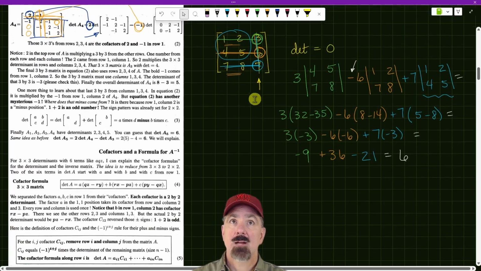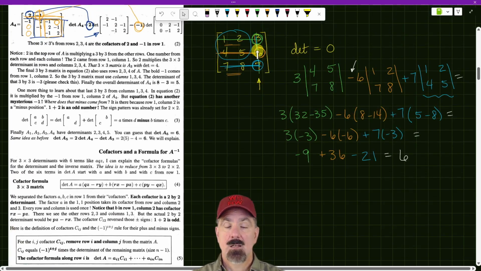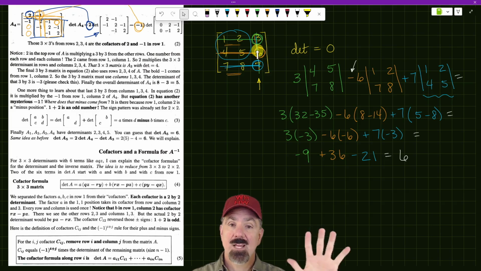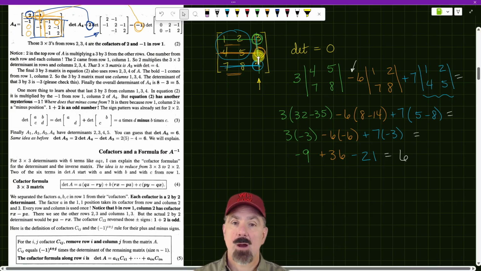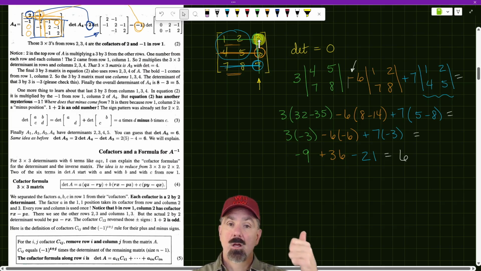So again, coming back up here, this is in row 2, column 3. So row 2, column 3, we add those together, we get 5, and -1 to the 5th power is -1. That's why it's a negative. Whereas the 3 is in row 1, column 3, and that gives us 4.